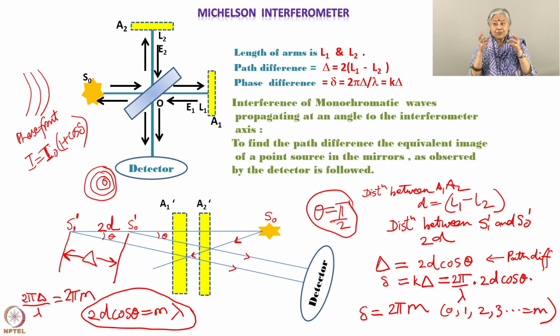Out of all the wavelengths in that source S0, you have to select only one, and then only can you make such an interference pattern happen. There are certain light sources, maybe a sodium lamp, which gives only one frequency or close to one frequency. Only with that will you be able to see a pattern.